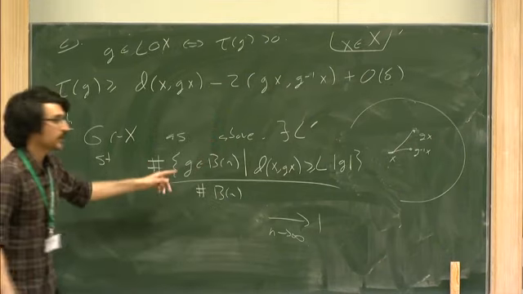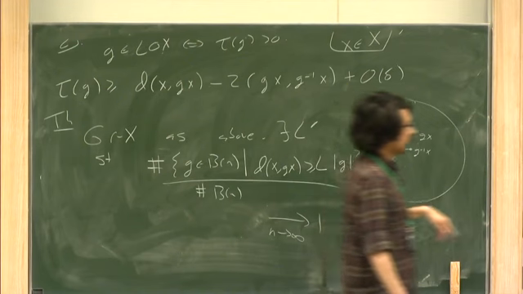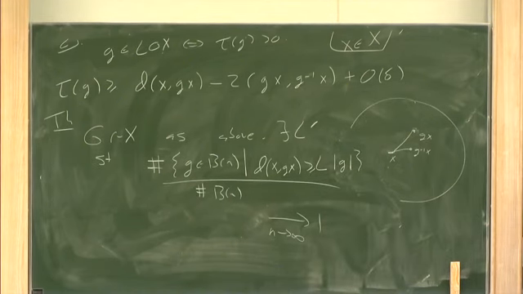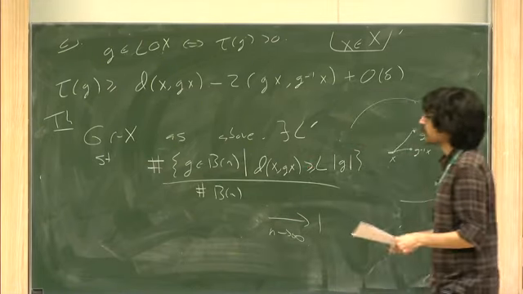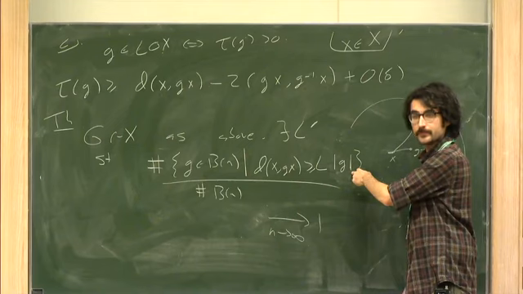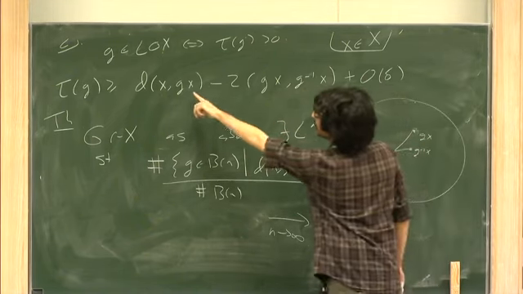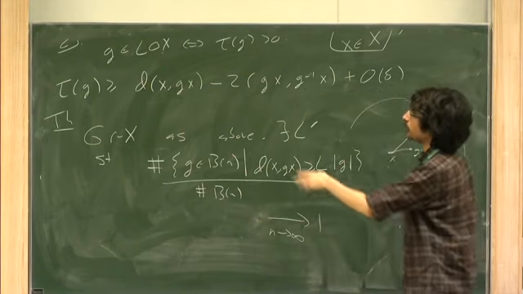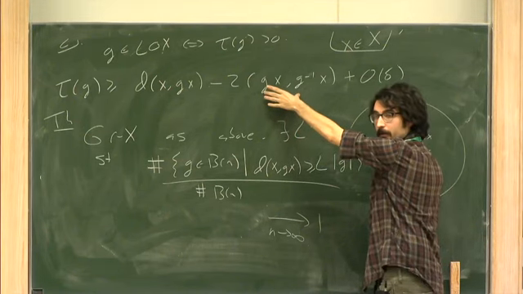Okay, so what this is telling me is this is a counting version of the linear displacement statement we had before. So it says generically the displacement of elements in the group grows linearly at a fixed linear rate with respect to word length. Okay? And really this is the first half of the statement we need to show. So really you need to show a corresponding statement that this has a slower growth, sublinear growth.